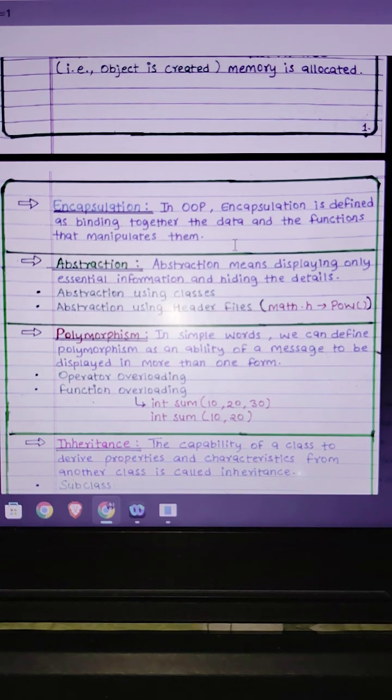We take an example of a capsule, which is like a medicine in which one end stores the data and the other end stores the functions. This is a good example of encapsulation.